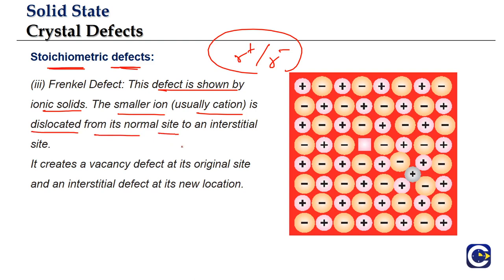Whatever site is assigned to them, they will be dislocated from there and go to an interstitial site. So as a result, what is happening? It is a combination of vacancy defect from their original site and interstitial defect at the new location. So Frenkel defect is nothing but a combination of vacancy defect with interstitial defect.